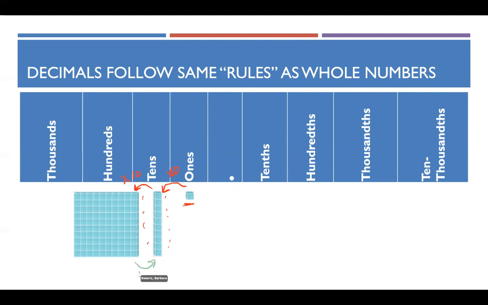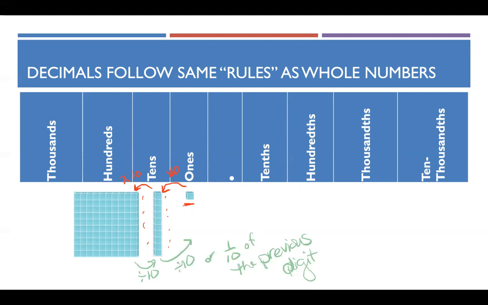pattern that we just saw with the whole numbers, right, of 1/10, divide by 10, maybe I'll say previous digit, right? 1/10 of the previous, 1/10 of the place value to the left, the previous digit, is this same exact relationship.